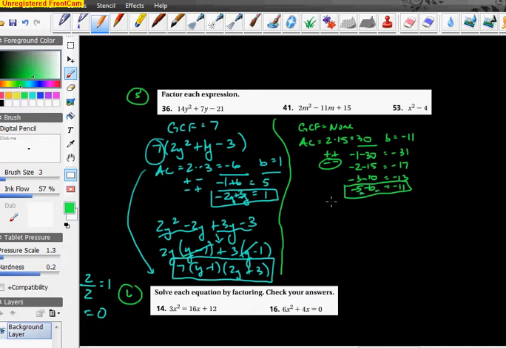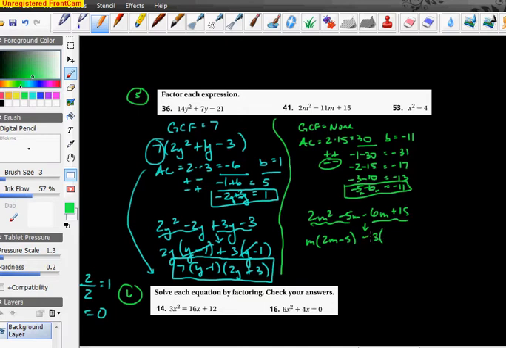AC method, though, break it up: 5m, 6m. So we rewrite 2m squared minus 5m minus 6m plus 15. First 2, second 2. 2m squared minus 5m, we pull out the common factor of m, leaving 2m minus 5. Bring down the negative. 6 and 15, you can pull out a 3.